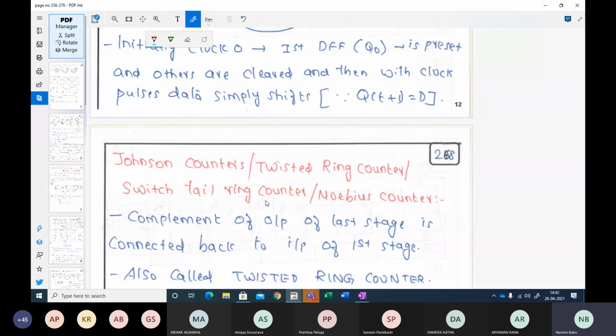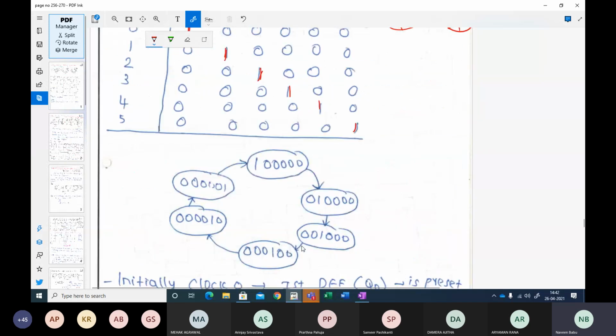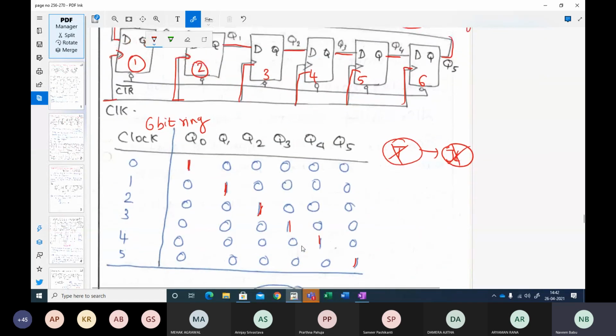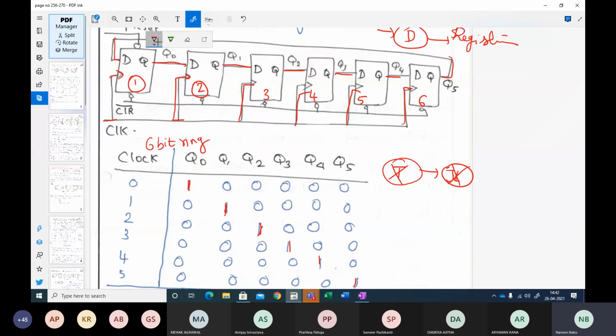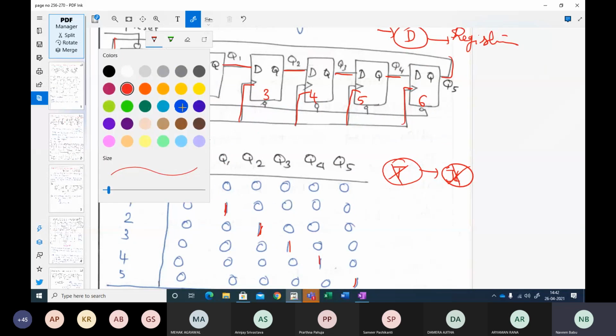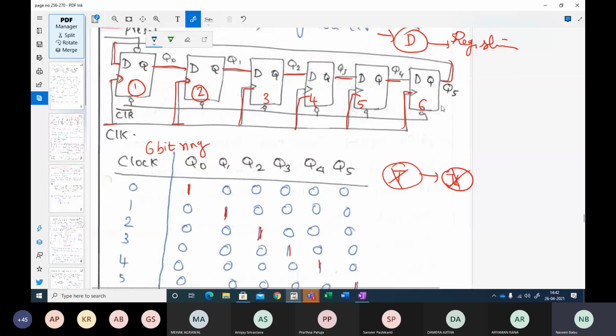How they are different is, in these counters, the complement of the output of the last stage is connected to the input of the first stage. Which is the last stage here? This is the last stage, right? And this is the complemented output of the last stage, and it is fed as an input to the first stage like this.